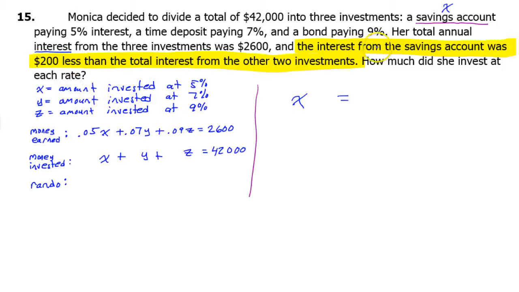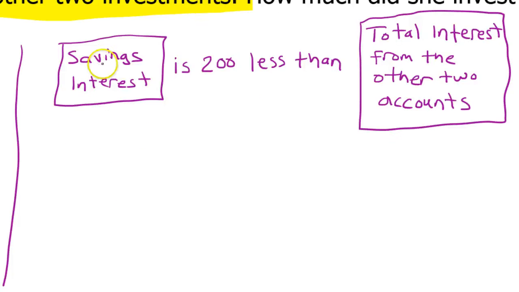If we want the interest from the savings account, we need to do 0.05 times X. So watch out for that, but we'll come back to that in a moment. Now, I've rewritten that sentence in a way that will make it easier for us to compare these two quantities. The savings interest is $200 less than the total interest from the other two accounts.